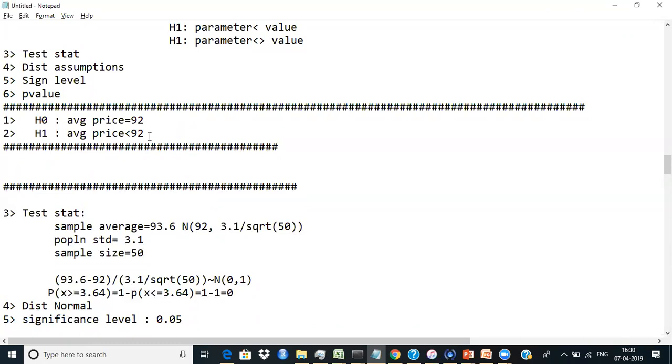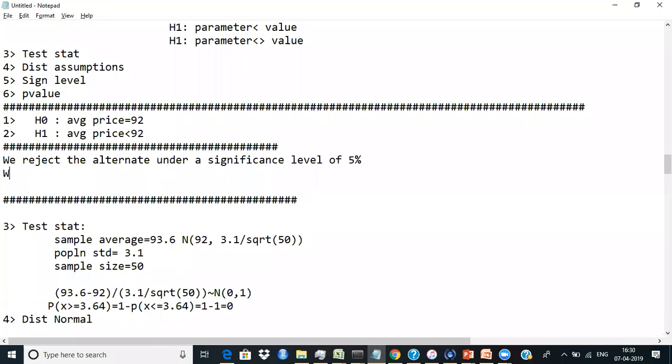What you will say is, we reject the alternate under a significance level of 5%, or we were not able to reject the alternate under a significance level of 5%, just to be technically correct.